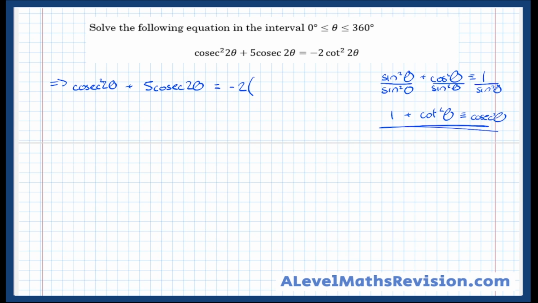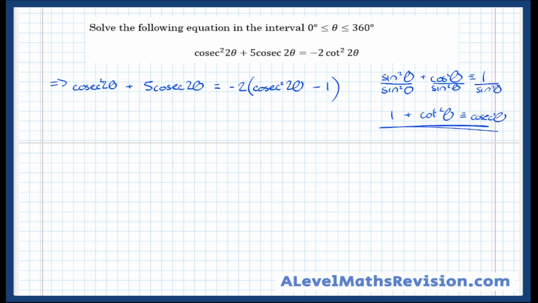It just so happens in our case the angle's 2 theta. So, equals minus 2, and if we rearrange this, we'll replace the cot squared 2 theta with cosec squared of 2 theta minus 1. And now we're ready to go.